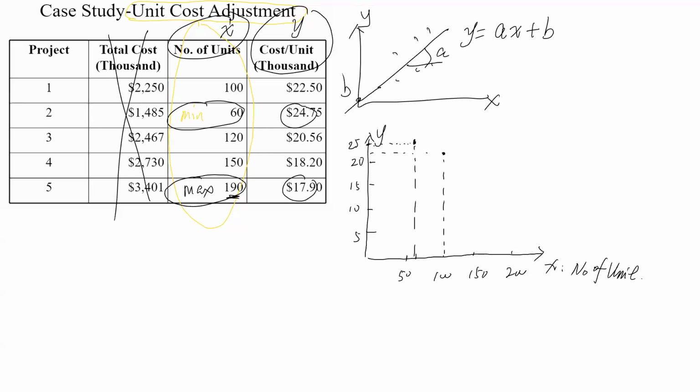Next one is 120, and the number is 20.56. 120 is like here, and this number is like here. Okay, so we continue. The next one is 150 and 18.20. So 18.20 is here.